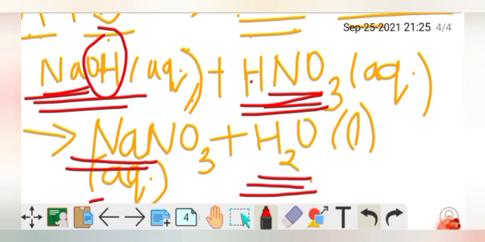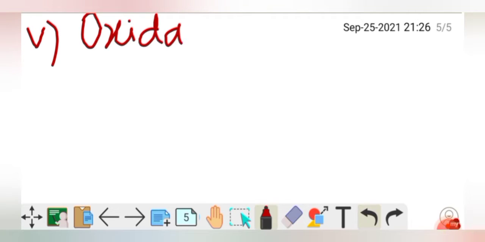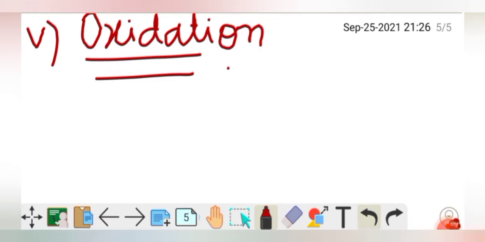The next reaction is oxidation and reduction reactions. We'll go through it. First we will go through the oxidation reaction. This is the fifth reaction, oxidation. First of all I'll read the definition.